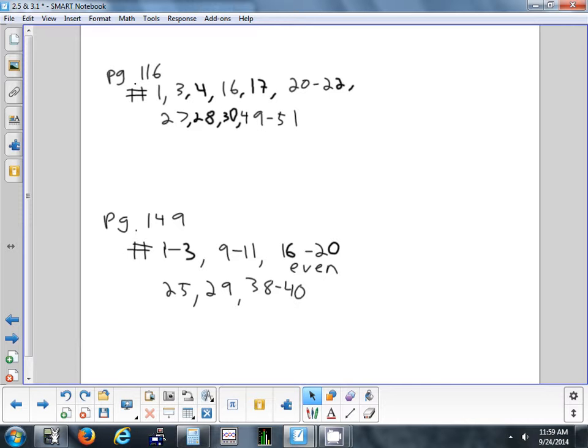But it's 1, 3, 4, 16, 17, 20 to 22, and 27, 28, 30, and 49 to 51. Okay, 149, this is all graphing polynomials. It's 1 to 3, 9 to 11, 16 to 20, just evens on 16 to 20. And then 25, 29, and 38 to 40.